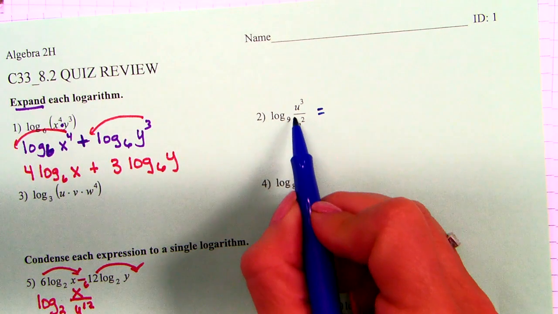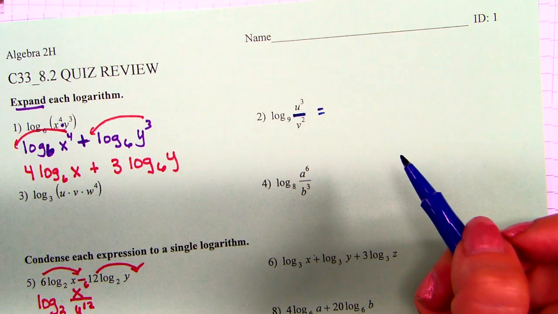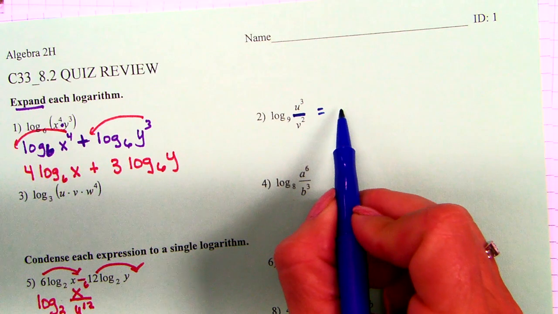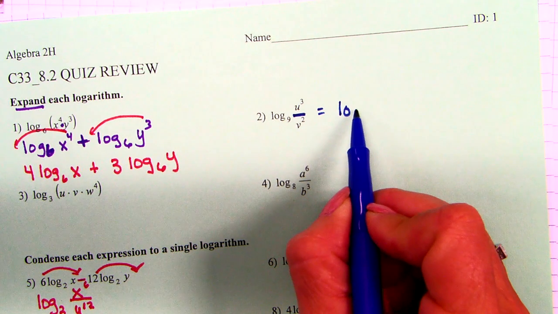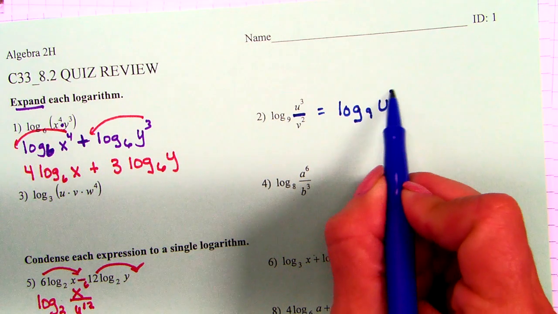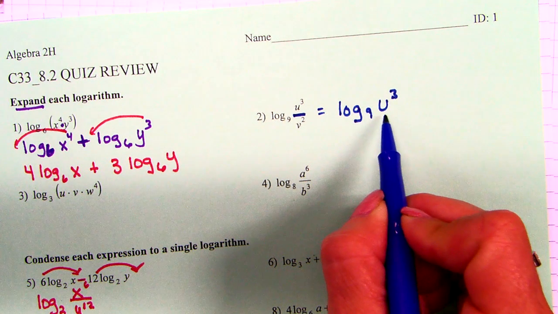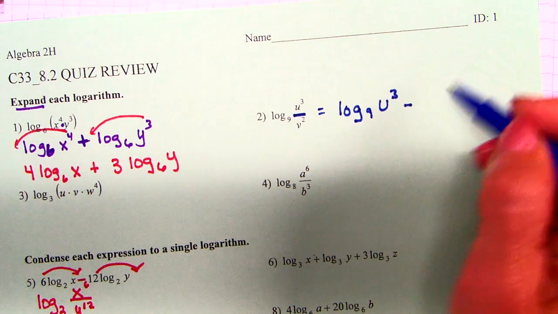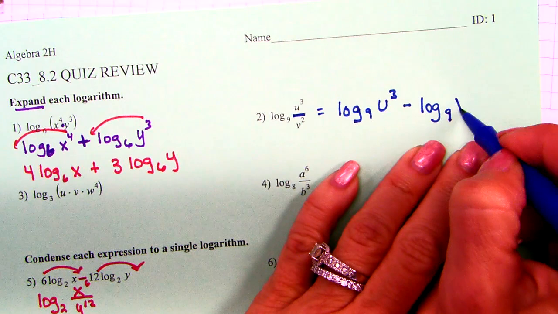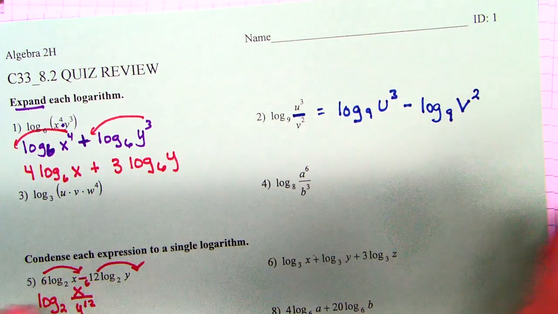All right, so whenever I see division, that means subtraction. The power on the top is going to be a power out in front, a coefficient. Log base 9 of u to the third. I'm just doing this in 2 steps here. Log base 9 of v to the second.